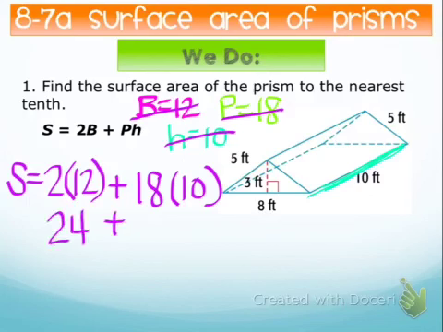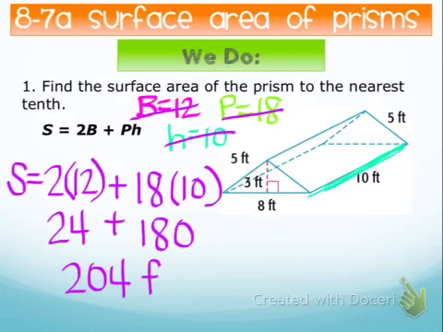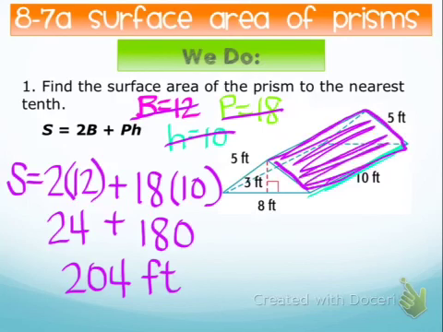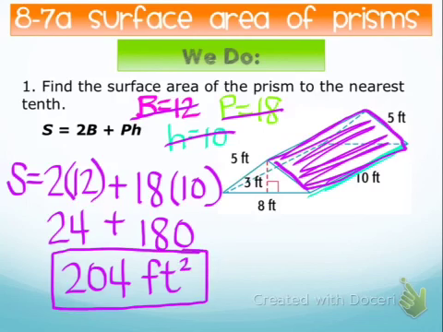And then over here we have 18 times 10, which is 180. And then if we keep simplifying, we're going to get 204 feet. And because it's area on the outside, like if we were going to paint this, it's just going to be squared because we're not actually filling the shape when we're doing surface area.